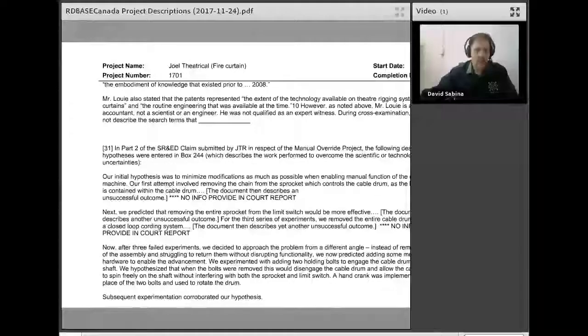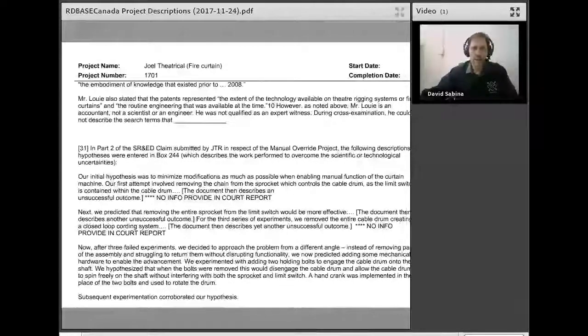They're saying that their original hypothesis was to minimize the modifications when enabling the function of the curtain wall. Their first attempt involved removing the chain from the sprocket, which controls the cable drum, as a limit switch is controlled within the cable drum. It says this document then describes an unsuccessful outcome.